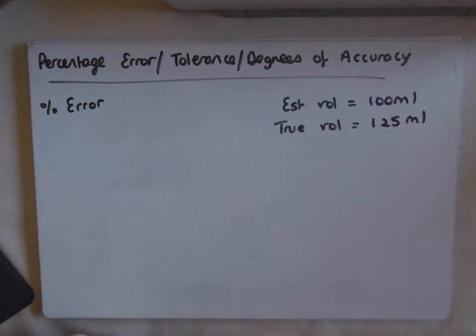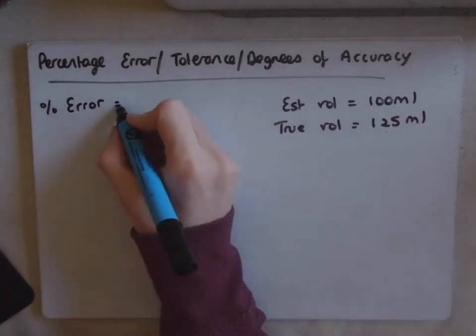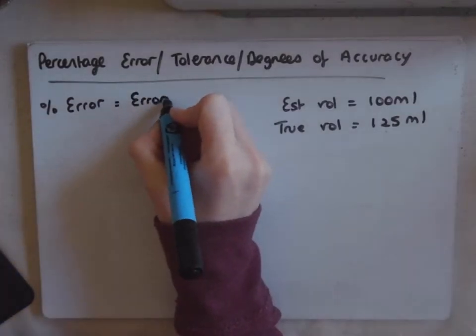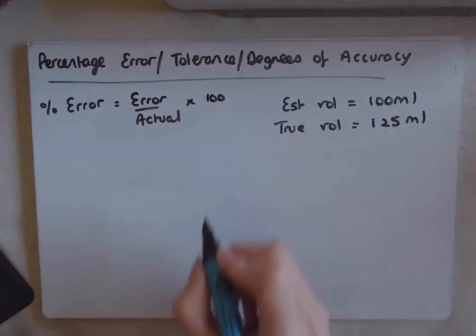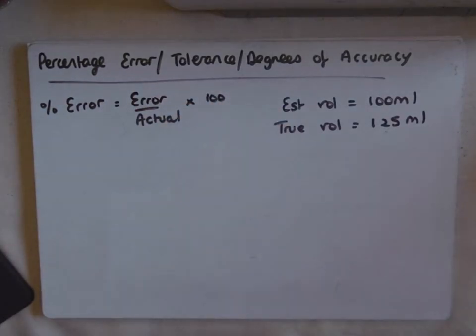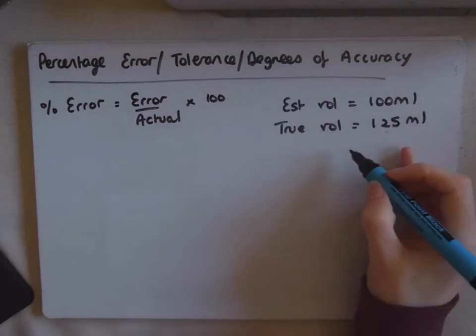Okay, and I'm looking for the percentage error on this. So your formula is error over actual multiplied by 100 over 1. Okay, so you get the error, you put it over what it actually is, the true, and then you multiply by 100.